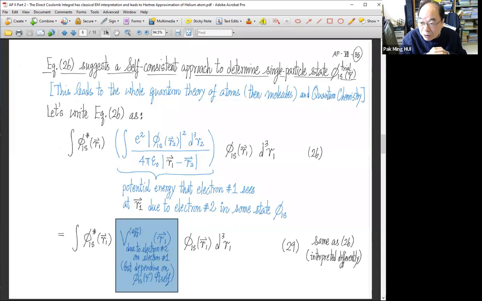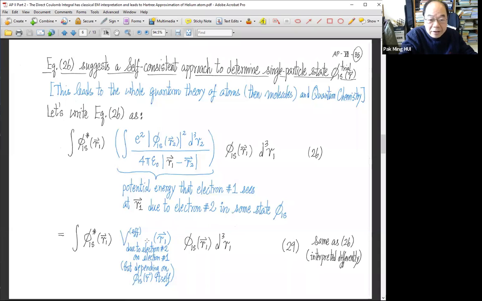This expression tells us that we can regard it just as an extra potential energy term acting on electron number 1. Okay, so now suddenly that is the big step in the development of many electron atomic physics.